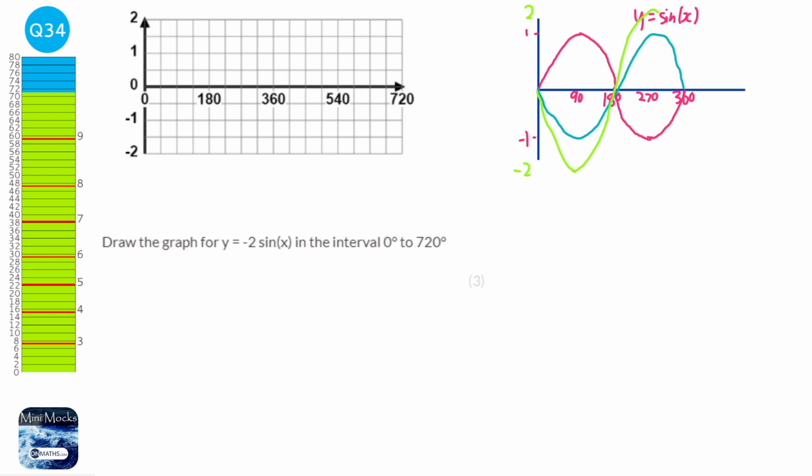And so we're going to just start plotting this now, I think. So it will go down at 90 to minus 2, back up to 180 at 0, and then back up to 2 at 270, down to 360, and then it will just go again, 540, up there, and then back down.